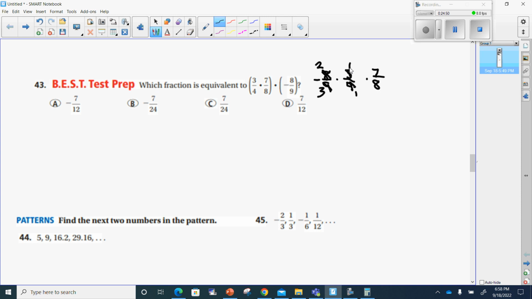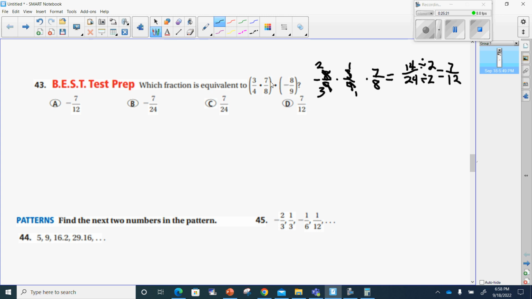2 times 1 is 2. 2 times 7, that's 14. 3 times 1 is 3. 3 times 8 is 24. I know both of these are divisible by 2. 14 divided by 2 equals 7. 24 divided by 2 equals 12. So this is really 7 over 12. Let's not forget our negatives.